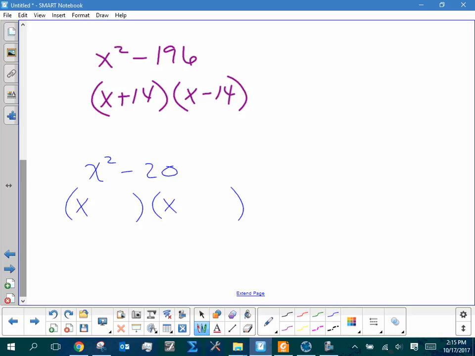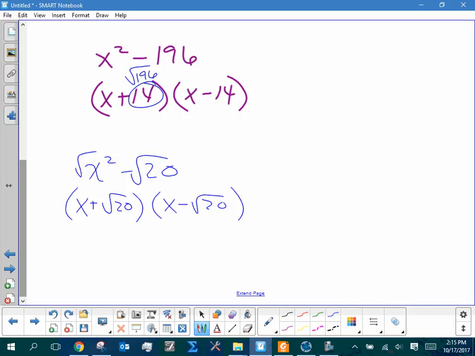Basically, this number right here, another way of writing it is the square root of 196. So I take the square root of that, and the square root of that. So root 20, root 20. It's just real nice when those things are whole numbers that are perfect squares, because then in that set of binomials, I will have whole numbers instead of those radical 20s.